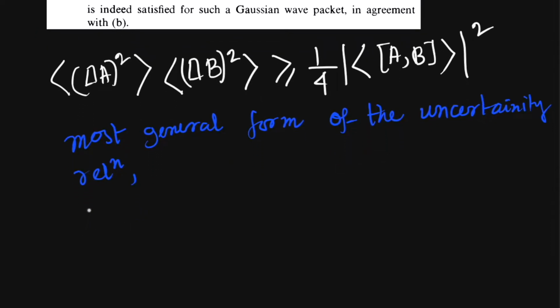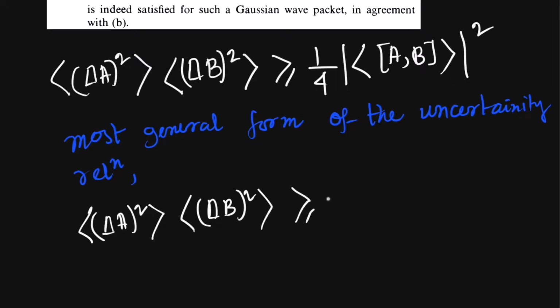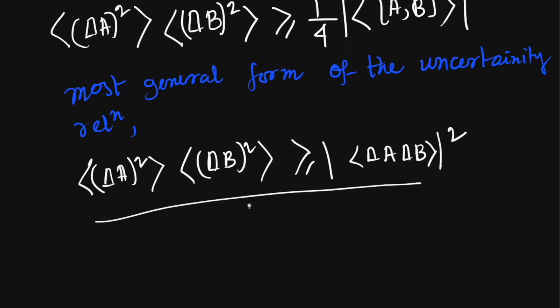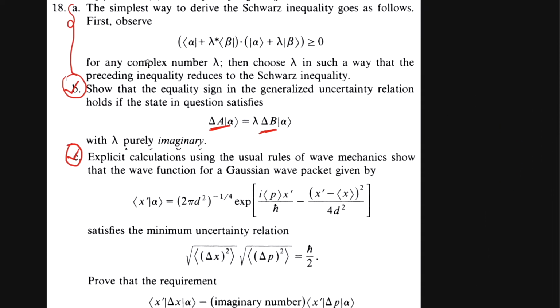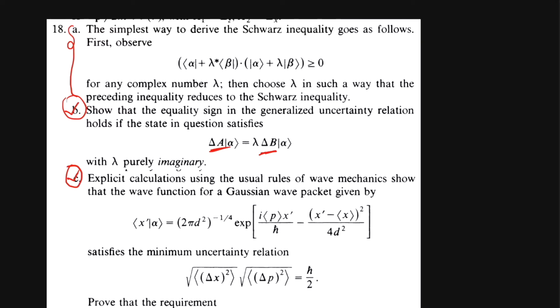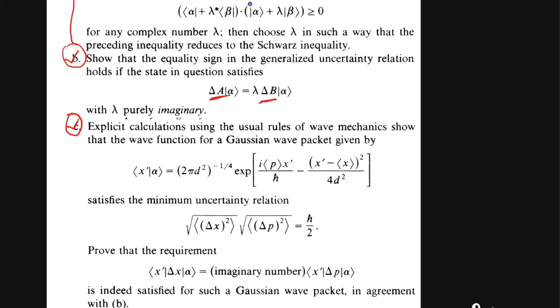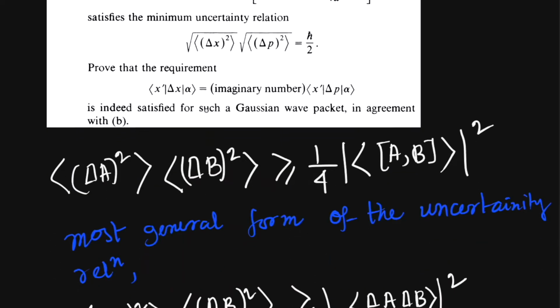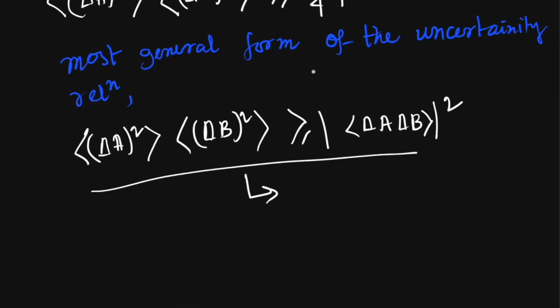Expectation of delta A squared times expectation of delta B squared should be greater than or equal to the modulus of the expectation value of delta A delta B, squared. We get it from the Schwarz inequality. This is the most general form of uncertainty.